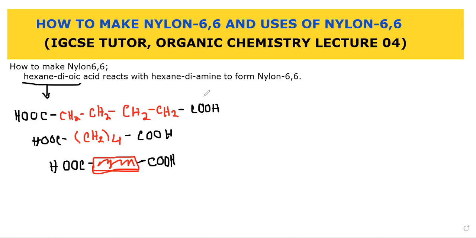Now we are going to see what's happening with hexane diamine. There is our hexane diamine. We are going to draw it down. Okay, so as it is hexane diamine, it has an amine group attached to it. So we are going to give it an amine group at first.